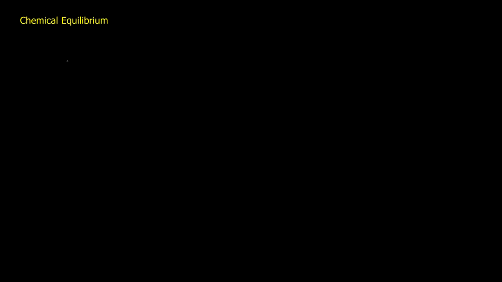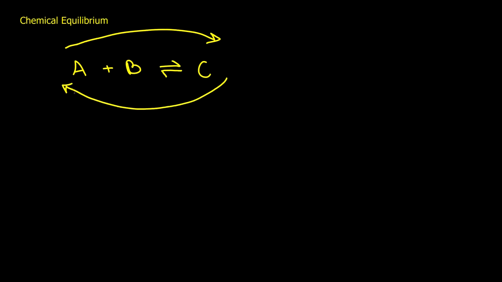So let's say I have reactants A plus B and I mix those together, I create product C. So A and B synthesize product C. But at the same time, simultaneously, that C product is also decomposing back into A and B. So this reaction is reversible. It's two ways. You have a reaction going forward and you have a reaction going backwards.